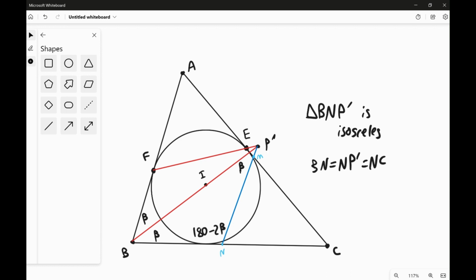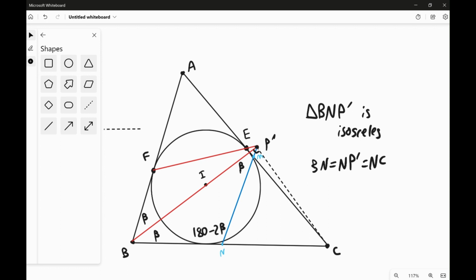However, since this lies on this side and it's a midpoint, we can deduce that line BP is a right angle. So we can say that this angle here is right if we have that P prime lies on MN.